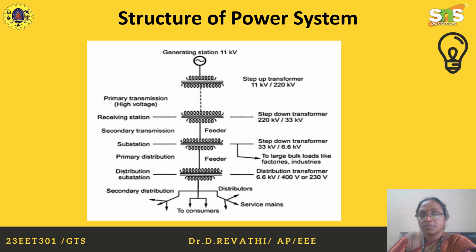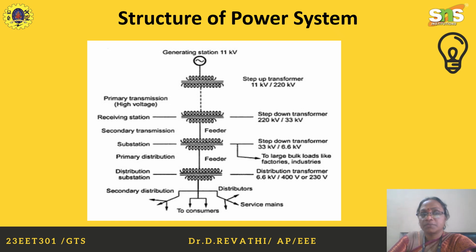Normally the generating stations generate at 11 kV, 33 kV, or 6.6 kV. All the power generated at the generating stations is stepped up from 11 kV to 220 kV, and then transferred to the transmission line, and again stepped down from 220 kV to 33 kV, which is considered the primary transmission line.